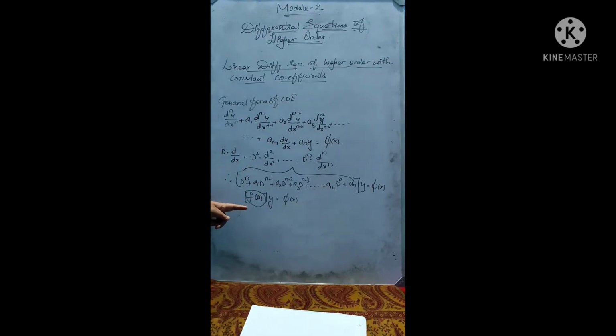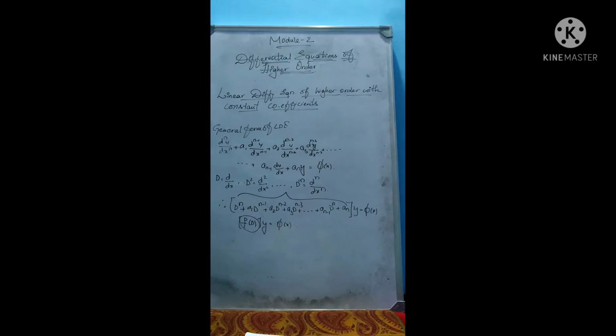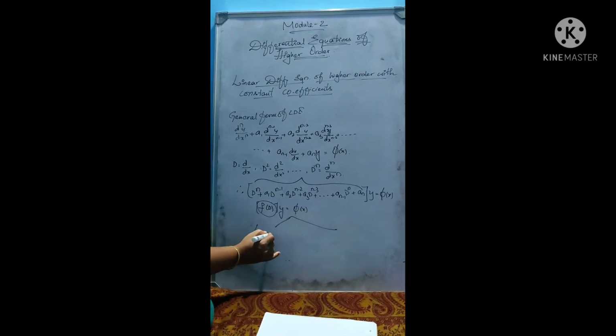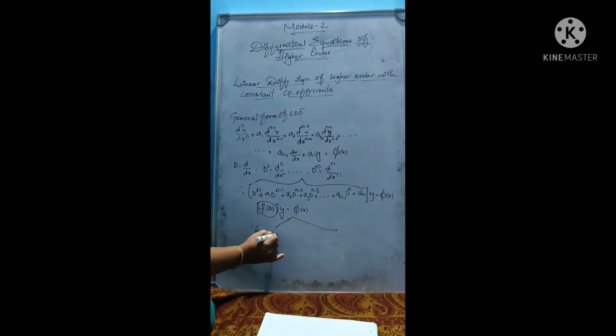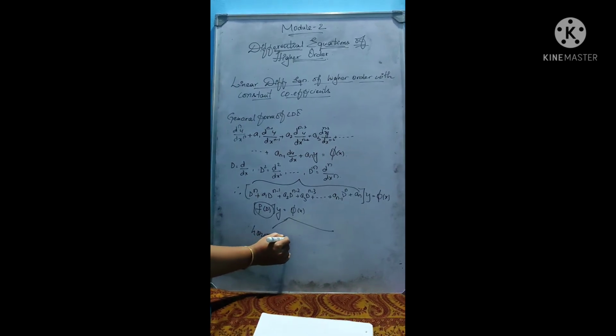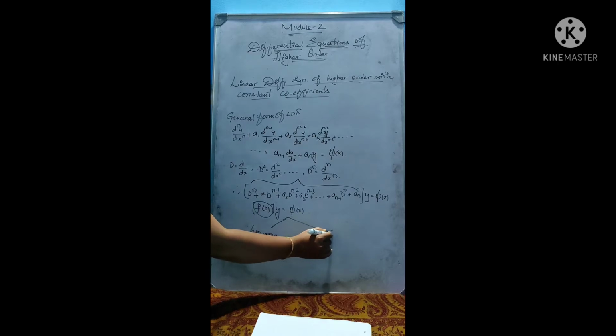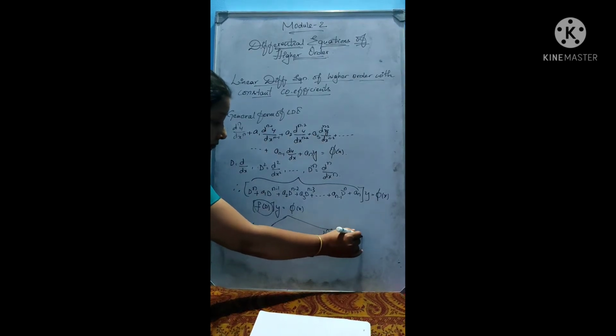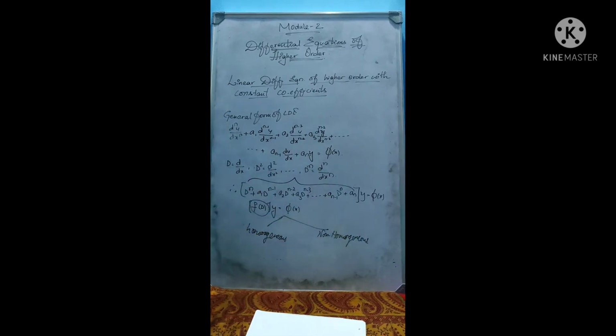And this particular LDE can be of two types: homogeneous and non-homogeneous. So when do you call it homogeneous?